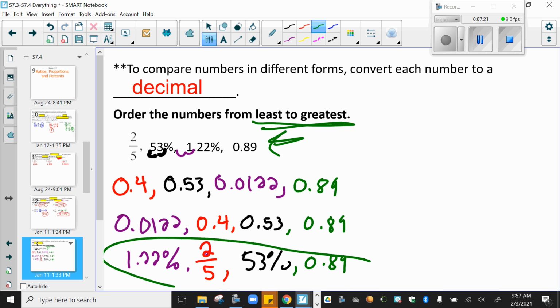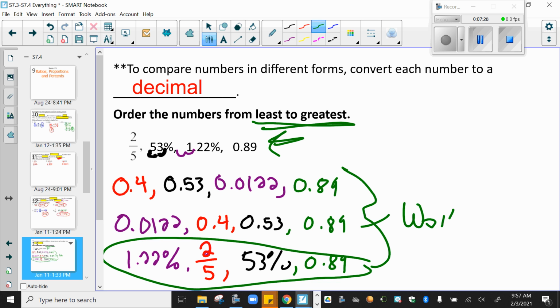All right, there's our final answer, but you need all of this work to show it to me. If you send me just this one, then I send it back.